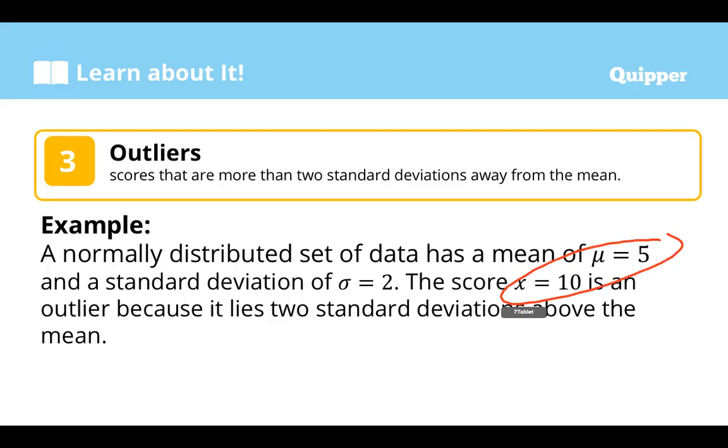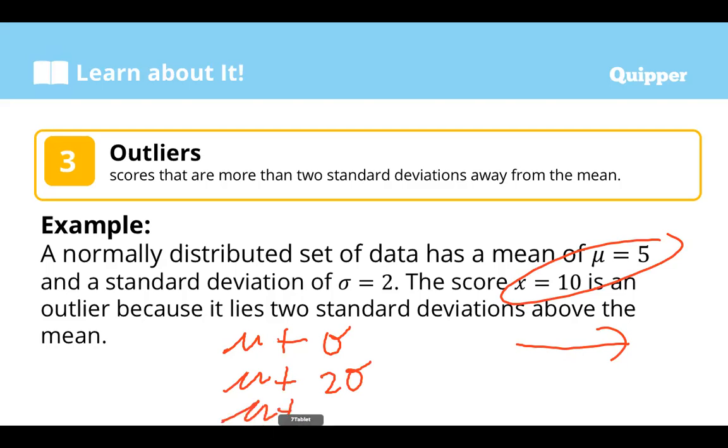Since our x or score is greater than the mean, that means nasa taas siya or above. So, ang gagamitin lang natin is this one. Okay? Mean is 5 plus 2 is 7.